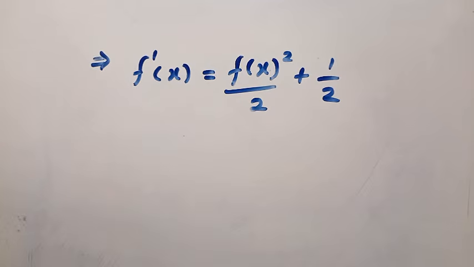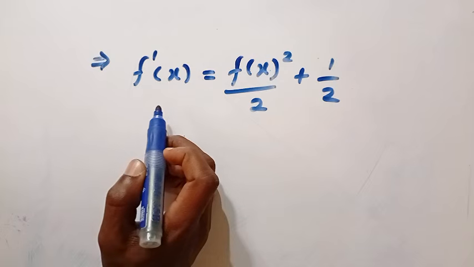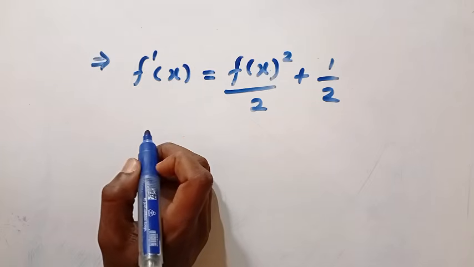This is now very easy to get f of x. Since this is what we got after introducing the boundary conditions, now we want to do some variable separation. I want to change this f prime of x to df dx, but I want to make sure that it is in the form of f.